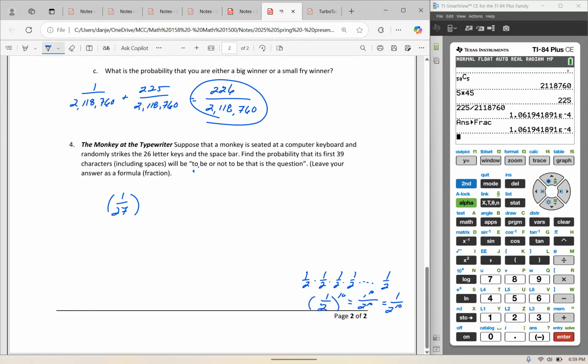So really, I need to hit the right letter. Probability is 1 over 27, 39 times in a row. That would be 1 to the 39th over 27 to the 39th. 1 to the 39th is 1. No matter how many times you multiply 1 by itself, you will get 1 over 27 to the 39th.